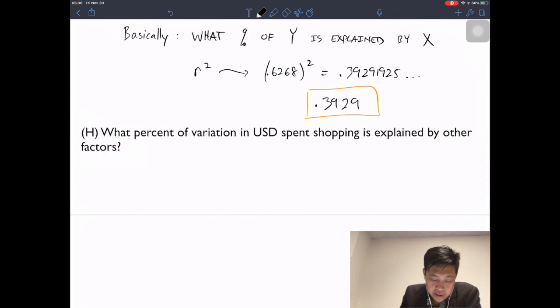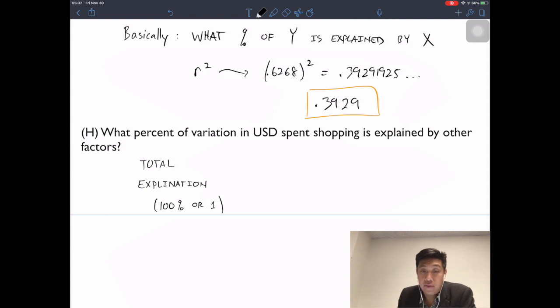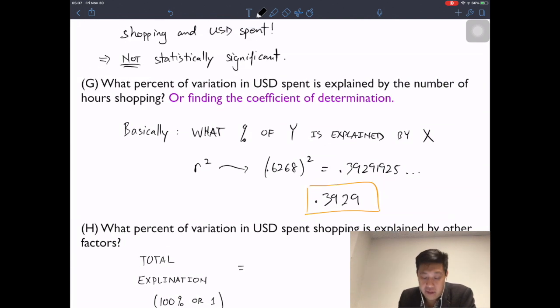Here you have the total explanation, right? You can think of that as 100% or 1, decimal point 1, right? And 0.3929 is what we called up here explained variation.